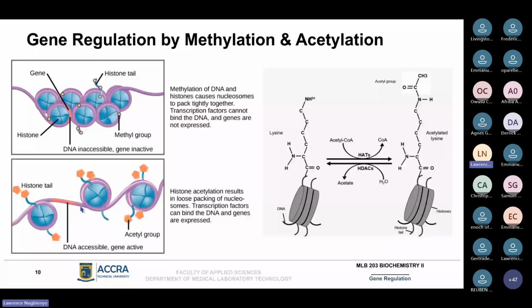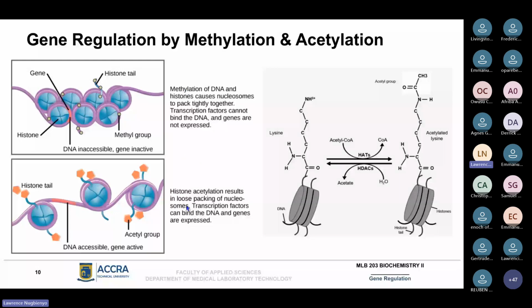So you see, acetylation is doing the opposite of methylation. In other words, methylation is a negative regulation, whilst acetylation is a positive regulation.